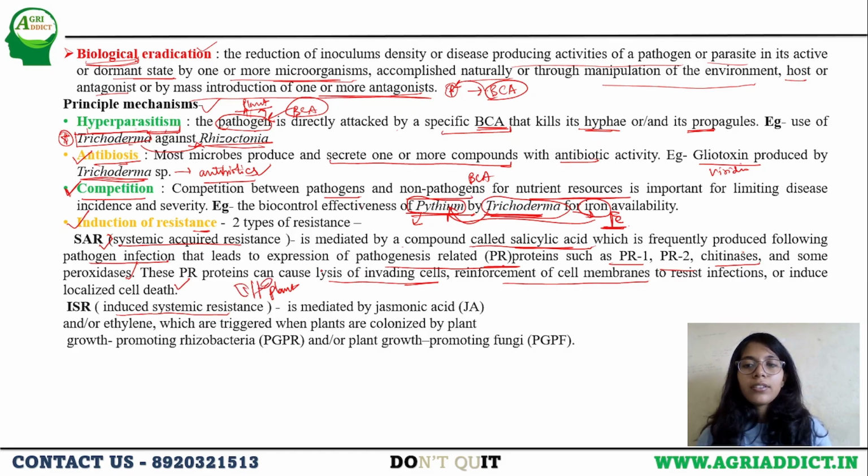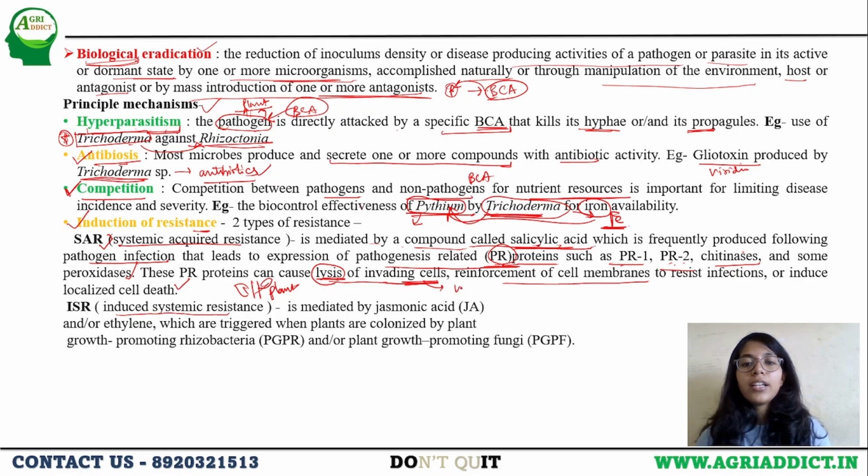So what happens exactly in SAR is that when a plant gets infected by the pathogen, it leads to the secretion of the compound called salicylic acid. This salicylic acid triggers pathogenesis and the production of various PR proteins like PR1, PR2. These proteins ultimately lead to the lysis, that is the death, of the cells that are already invaded by the pathogen.